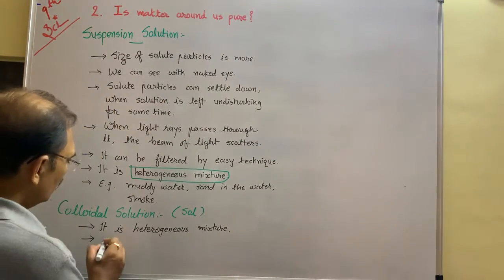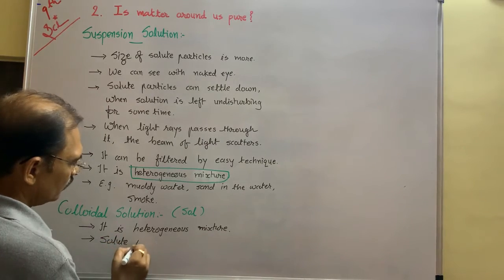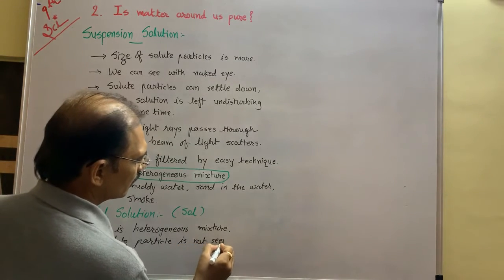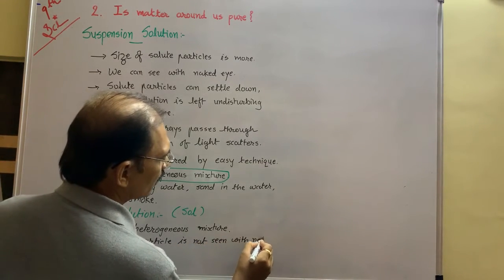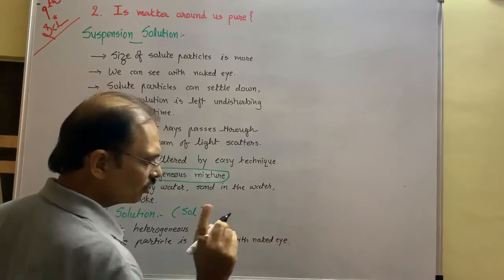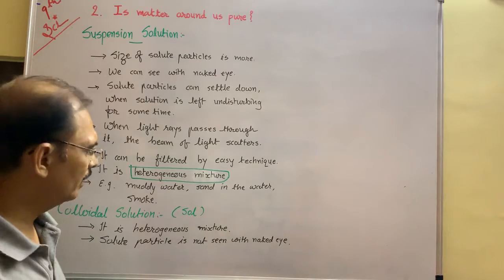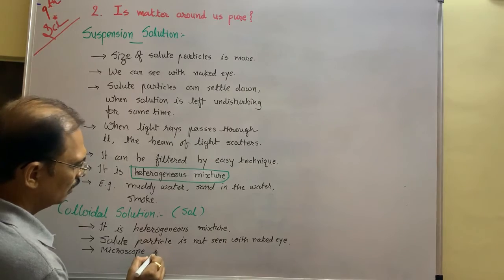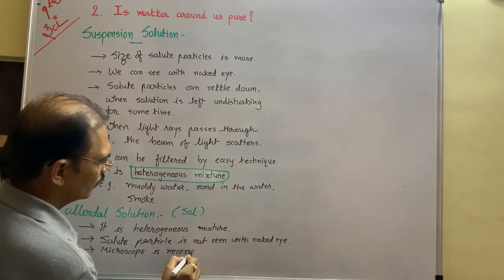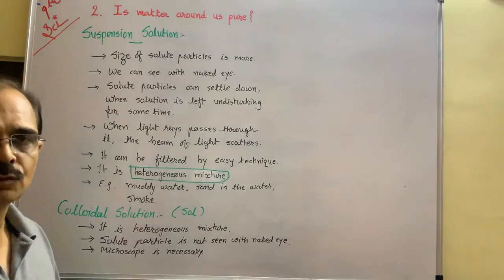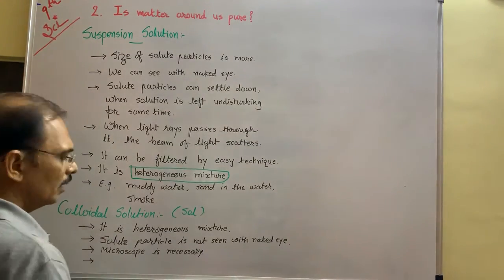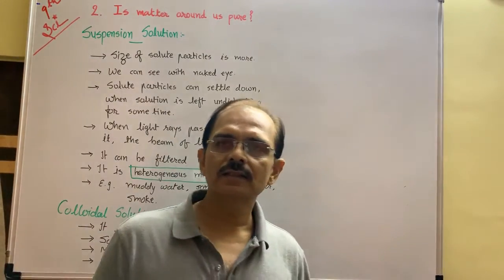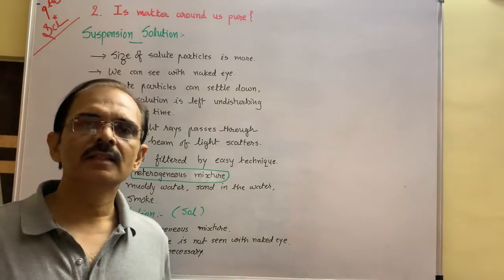Here, solute particle is not seen with the naked eye. Means a microscope is necessary to see these solute particles. You can write here, microscope is necessary to see the solute particles, okay? That means dissolved solute particles are there. You can see that there is the solution, but you cannot see the solute particle.